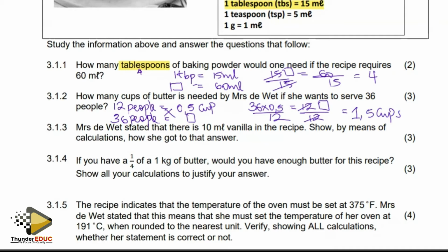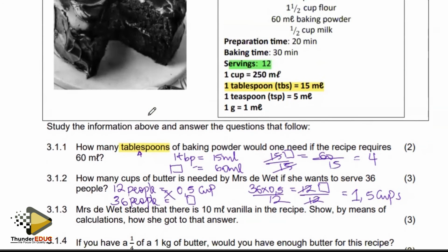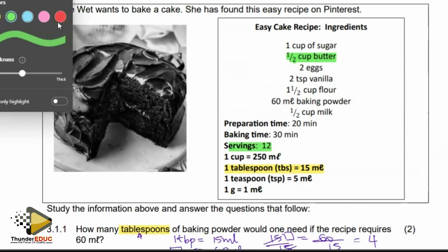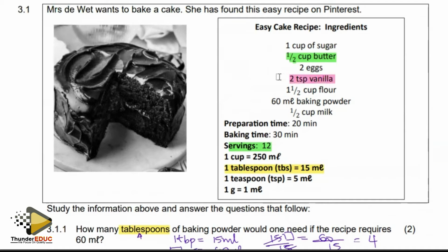Mrs. Devet stated that there is 10 mils of vanilla in the recipe. Show by means of calculations how she got this answer. Now we're looking at vanilla and they're saying it's 10 mils. When you look at the recipe that we're dealing with, vanilla says 2 teaspoons.